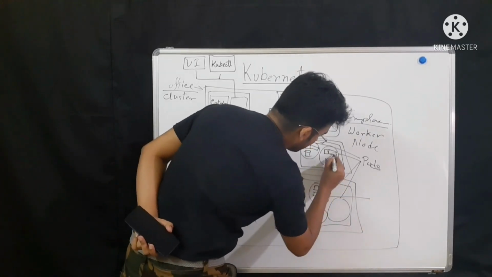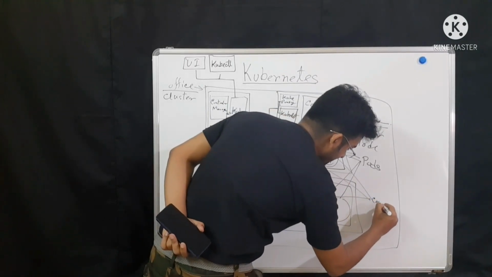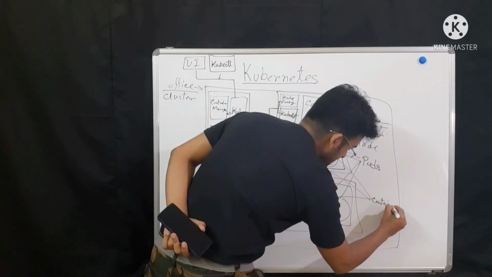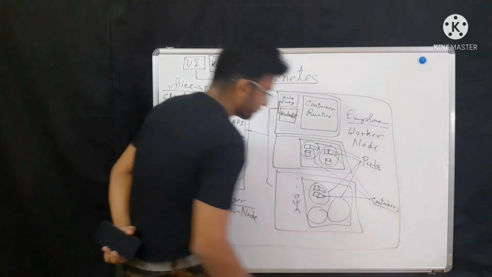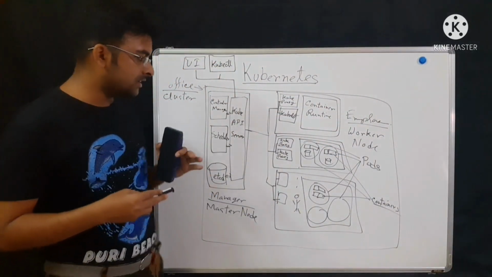So these are containers. Okay, so this is the basic Kubernetes architecture design.